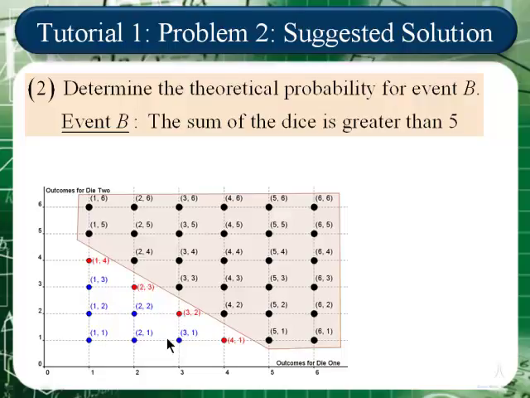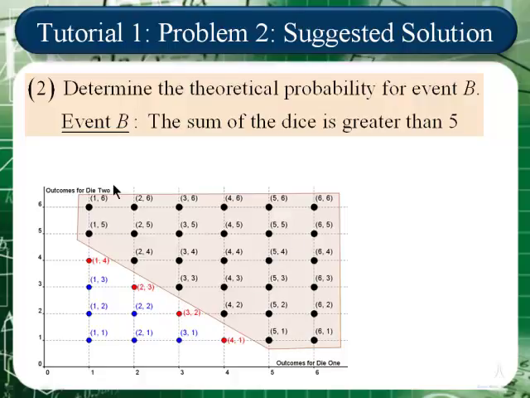And the blue ones below these 4 outcomes also give us sums that are less than 5, while the dots that I've indicated in black are the outcomes for event B.